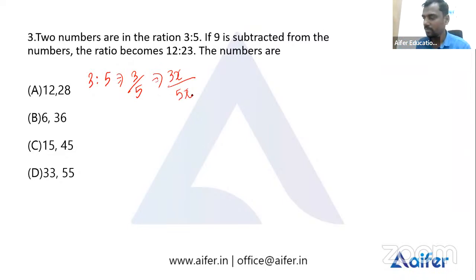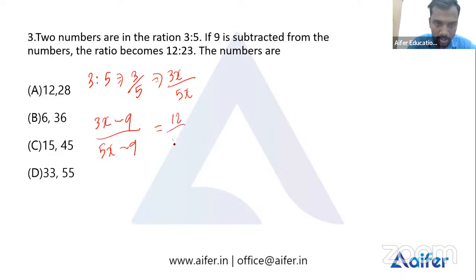We have the original ratio as 3x by 5x. If 9 is subtracted from the numbers, we have 3x minus 9 by 5x minus 9. The ratio becomes 12:23, that is 12 by 23.